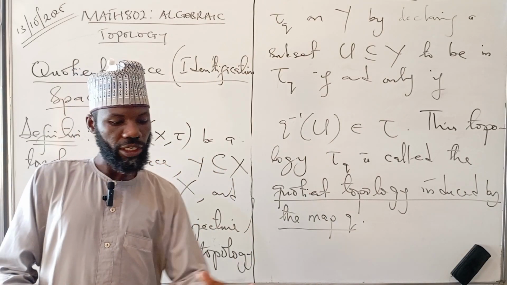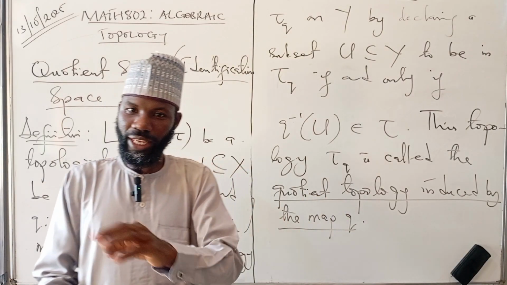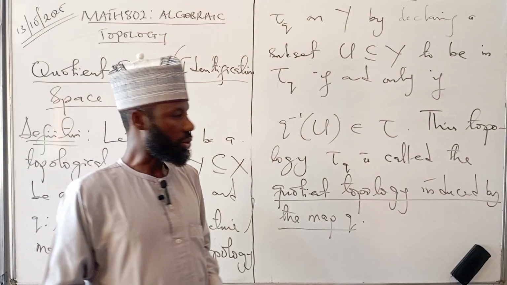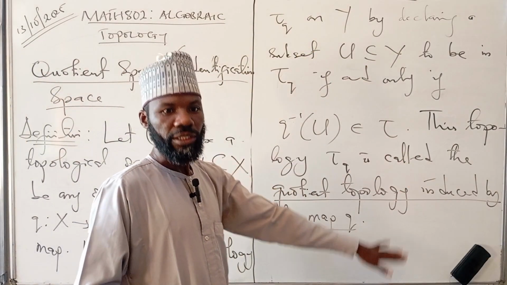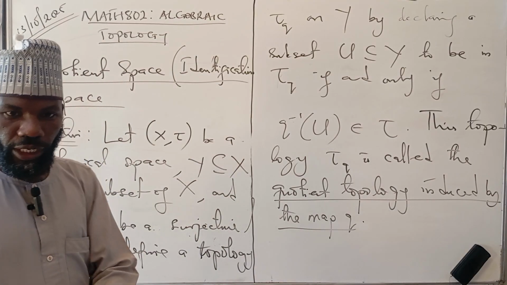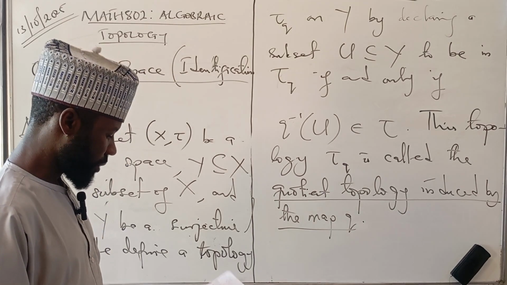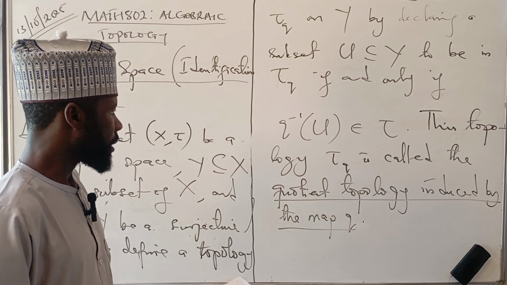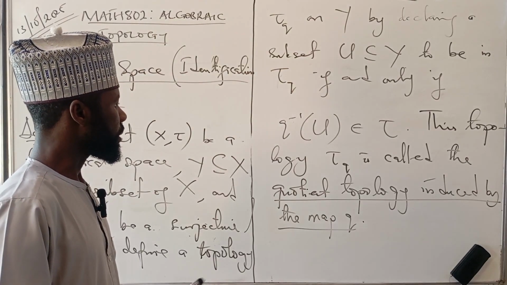The classes that are not singleton, you just regard them as one point, and where they are singleton, they remain individual elements of the space. So even here, that squeezing is done, but not vivid. But we will consider many examples in this lecture. It's almost the same concept. It's the same concept.